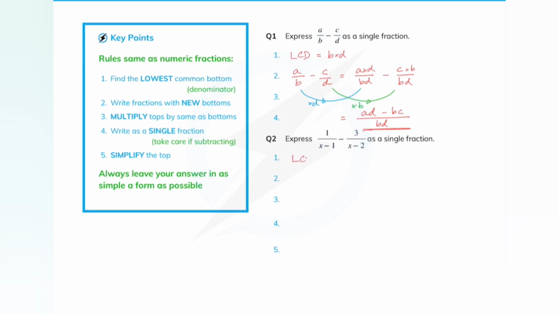Right, so my lowest common denominator is just the two denominators multiplied together, so x minus 1 times x minus 2. And so I can say, right, 1 over x minus 1 minus 3 over x minus 2 is equal to something over x minus 1, x minus 2, minus something else over x minus 1, x minus 2.